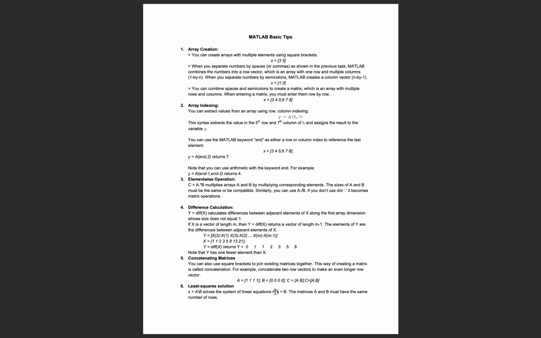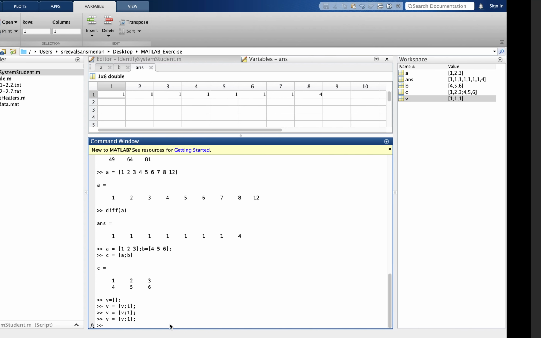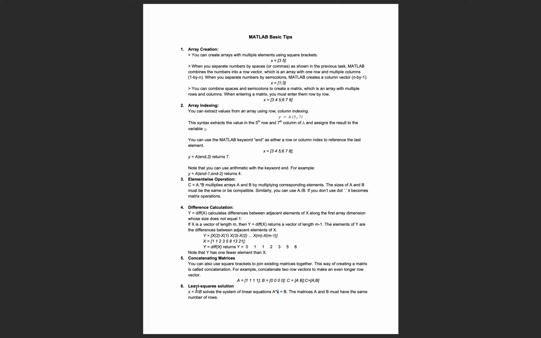So here actually we are taking a to the denominator of b, but we will write a forward slash b. So this is an operator you can use to find the least square estimation. You can think of this as a inverse into b. And if you want to find an inverse of a matrix, you can use the inv command, inverse of matrix, or the best way to do in our exercise is to use the forward slash.